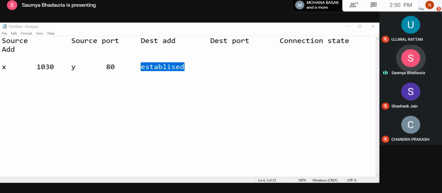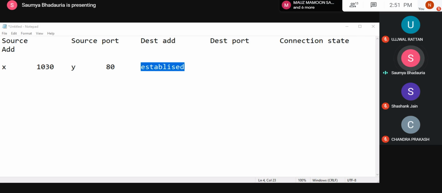Here in the circuit level gateway, as soon as the connection is established between the two clients and the gateway, whatever packets need to be sent will not be delivered only to the gateway. Instead, they are delivered directly through that tunnel to the destination host.